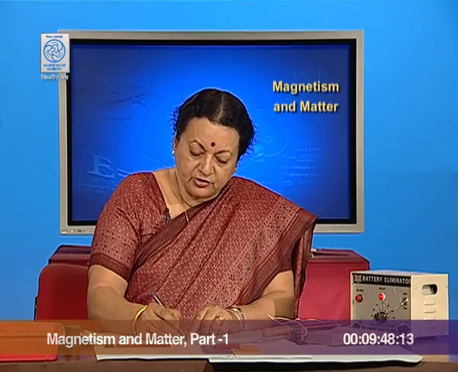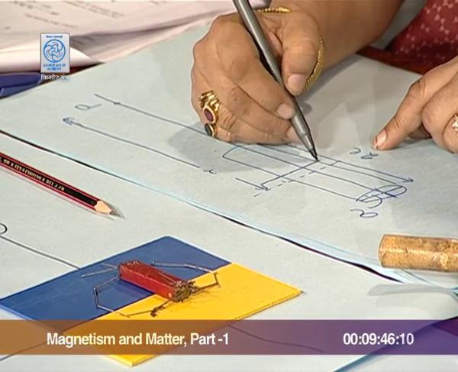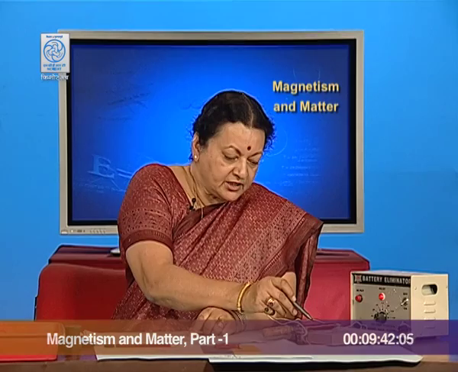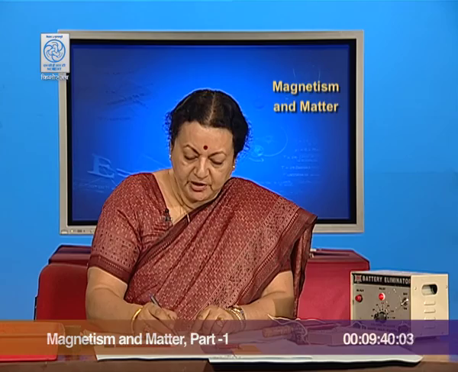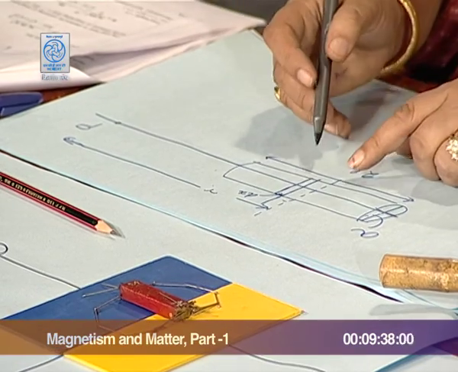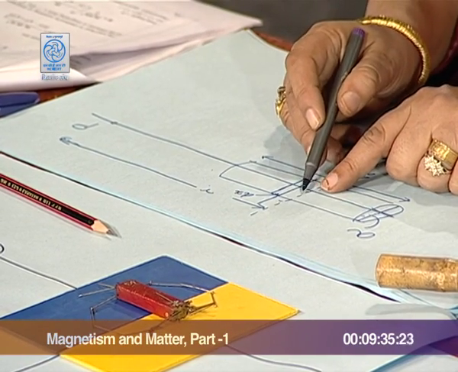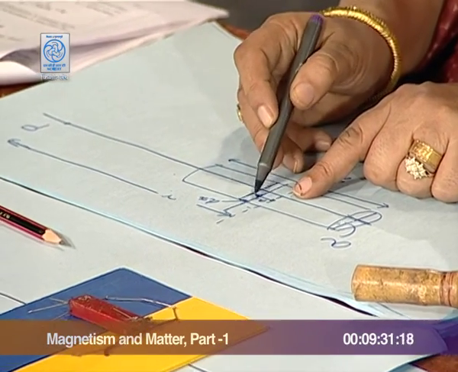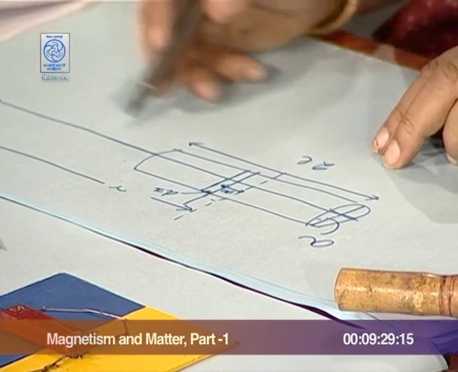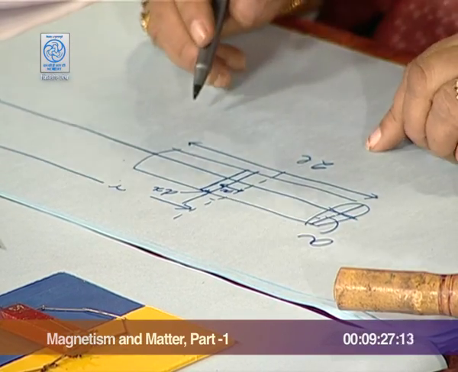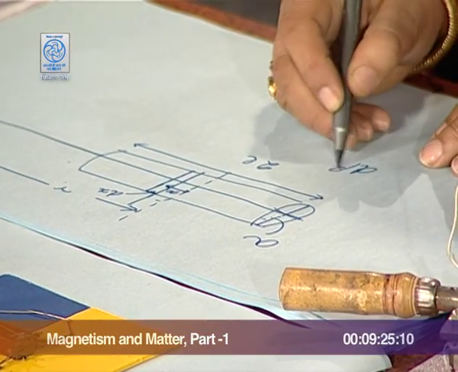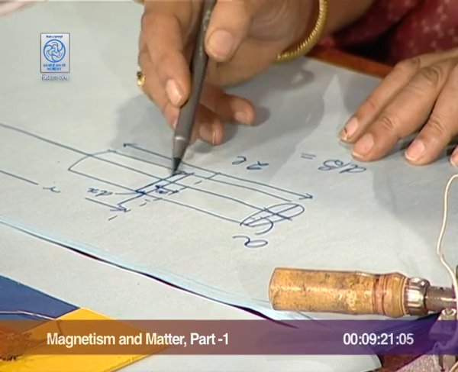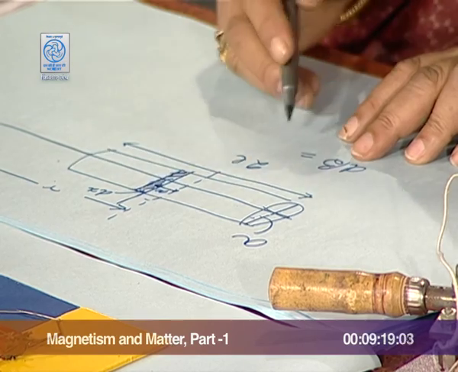And we want the field. So, let us imagine a small element somewhere around here like this, which would be my dx, and say it is at a distance of x from the center of the solenoid. Now, if you take this into account, you will use your Biot-Savart law to give you the value for delta B on account of this current element which I have just colored.